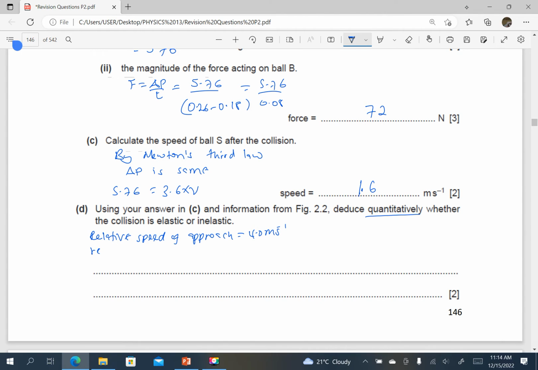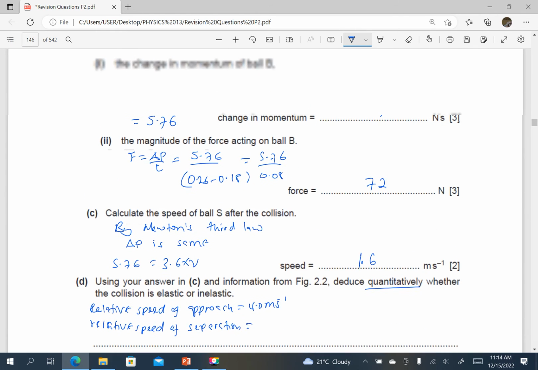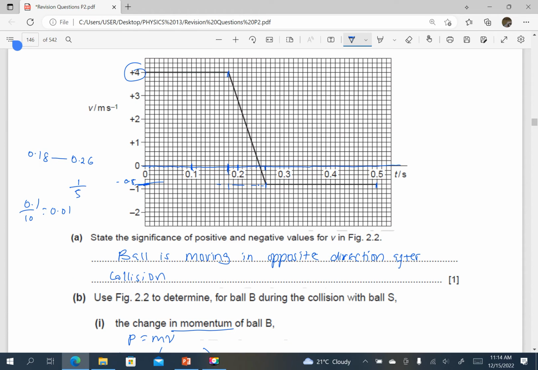Then the relative speed of separation, this one was after separation.